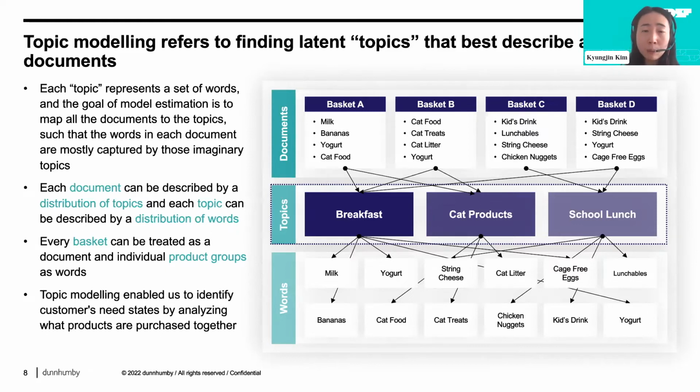So going back to this example, basket A has higher probability on breakfast need states than school lunch need states because it contains products that have high association with breakfast, while basket D has higher probability on school lunch than cat products because the basket contains products that fulfill school lunch need states.